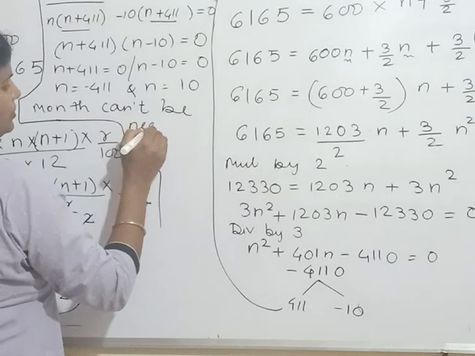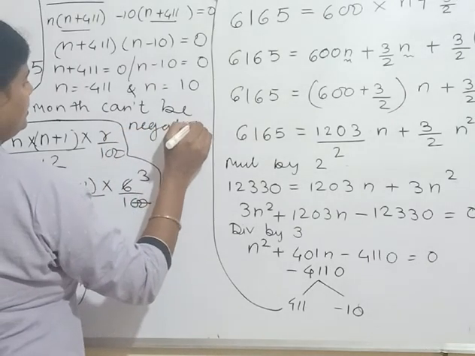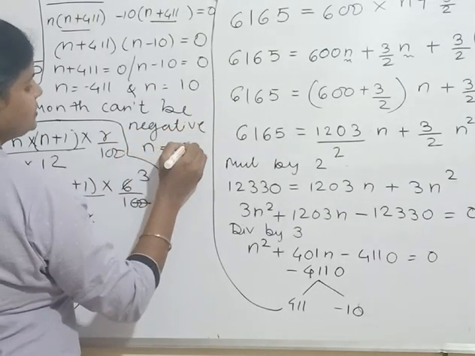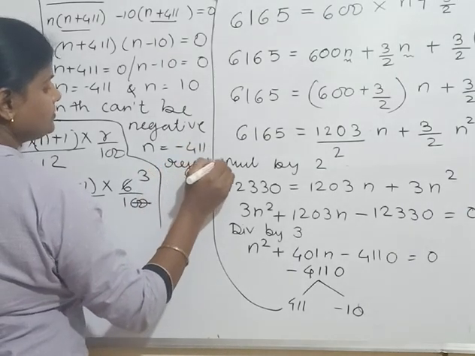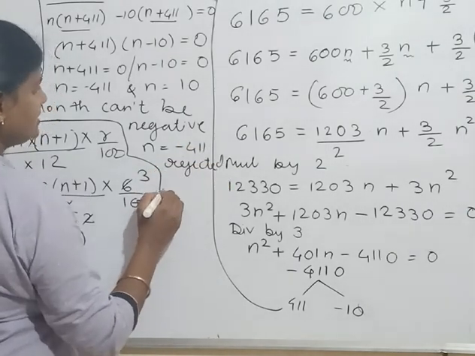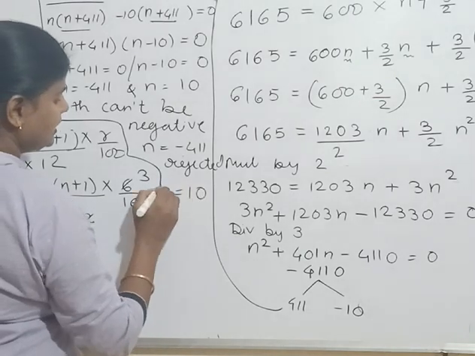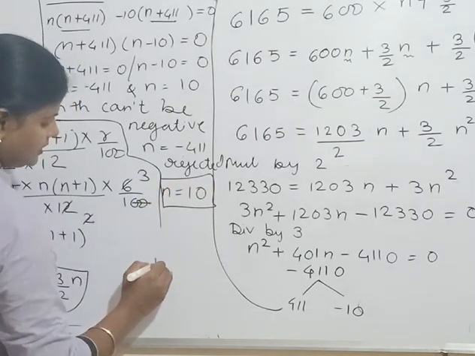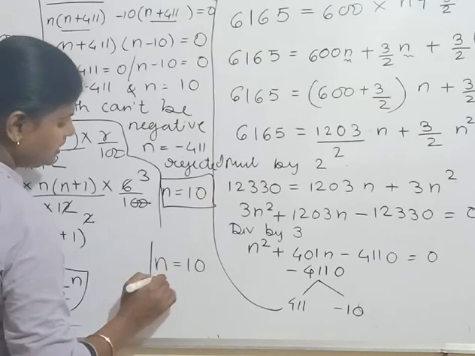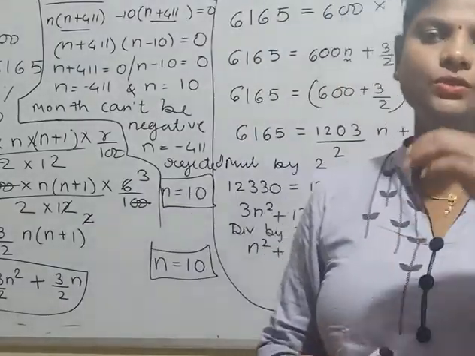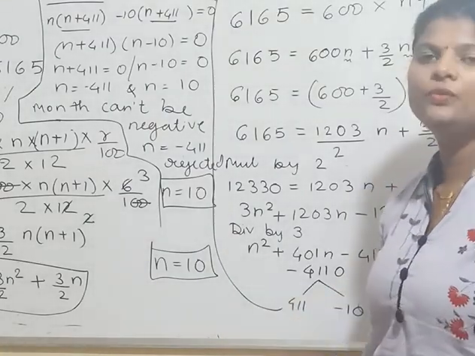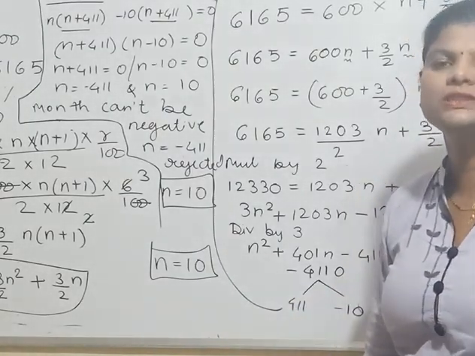So n equals minus 411 is rejected. So what is your answer? Your answer is n equals 10. n equals 10 is your answer. I hope you all understood. So with this we end this lesson.